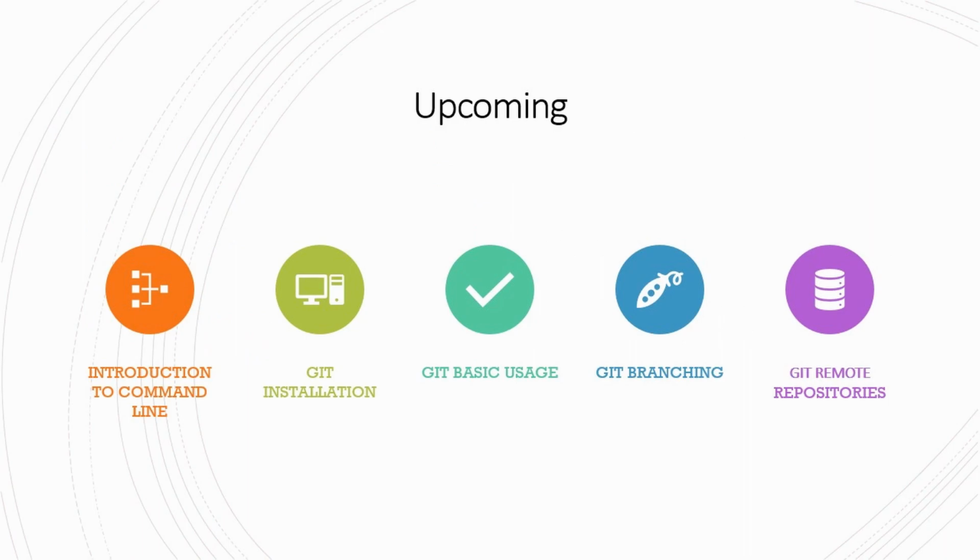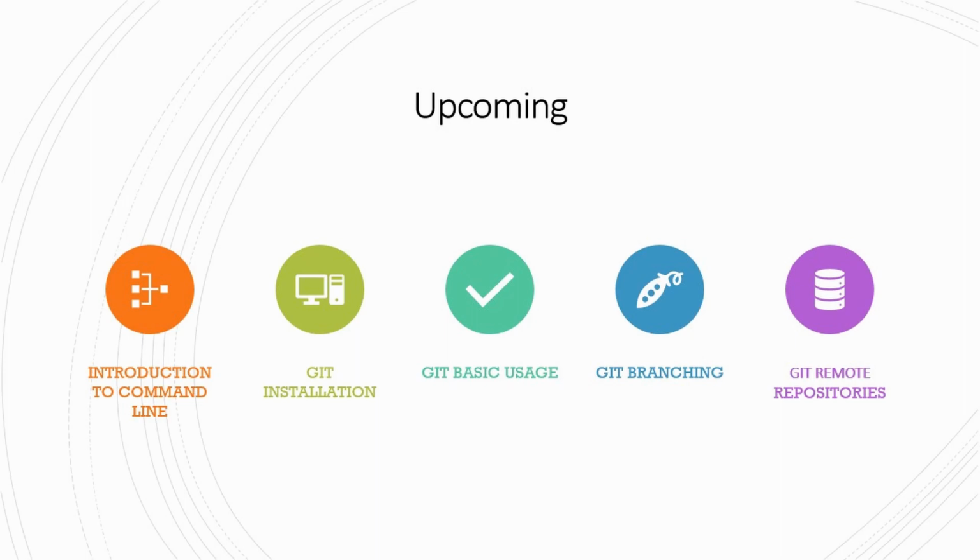Okay, now in the next video, we'll be having a quick look at using the command line, because Git is a command line application. After that, we'll look into how to install Git on our system. I'll be showing you how to install it on a Windows system and on a Linux system. There will be different videos about them, so you can skip the one that's not applicable to you.